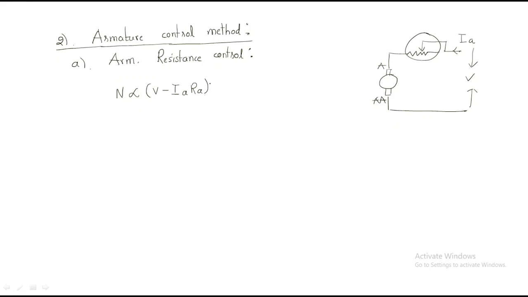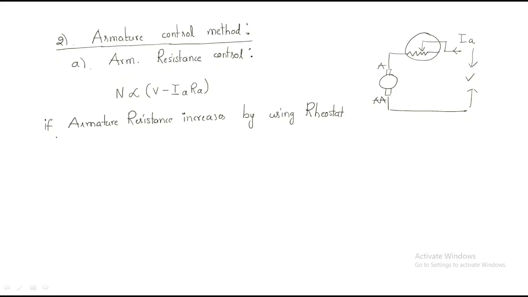If the armature resistance increases by using a rheostat, keeping the rheostat in series with it, then this R value increases.